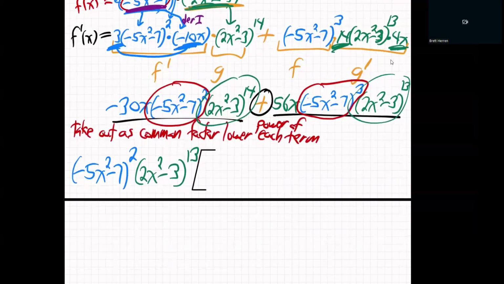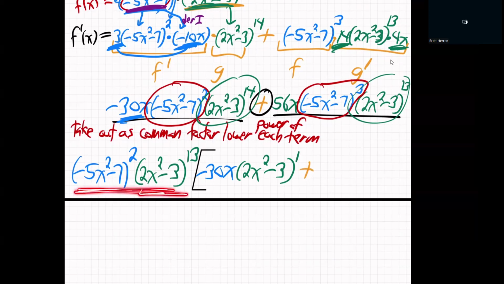Okay. What's going to be left inside? Well, what's left inside, it'll be minus 30x, and it's going to be 2x squared minus 3 to the first power plus, I might be losing you right now. Let me see.